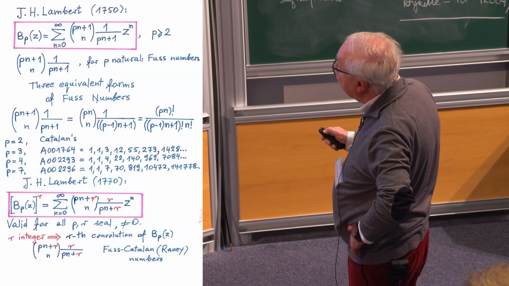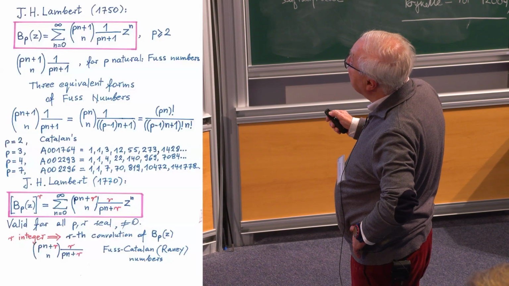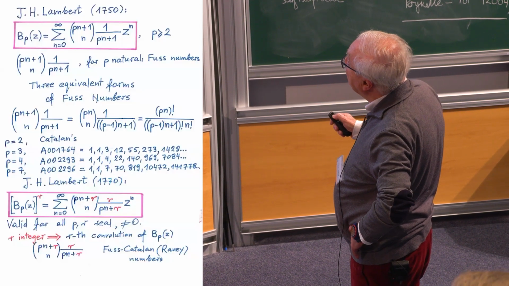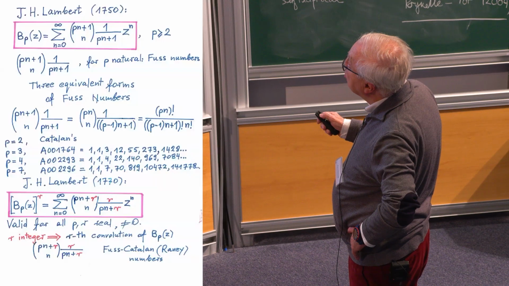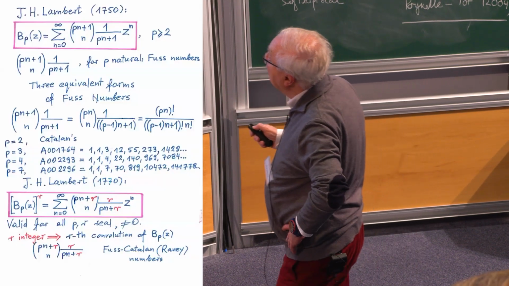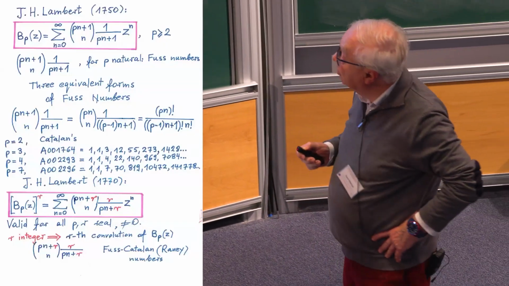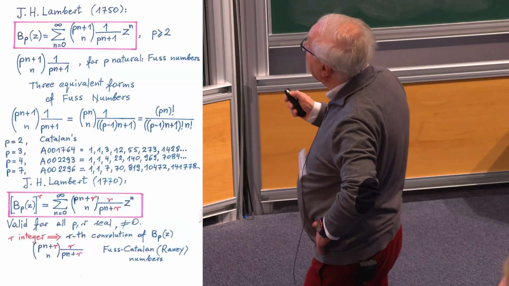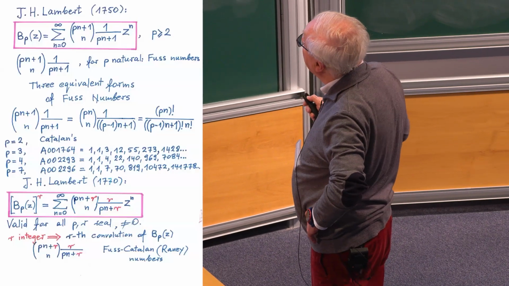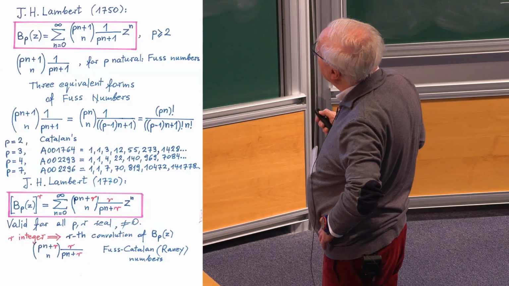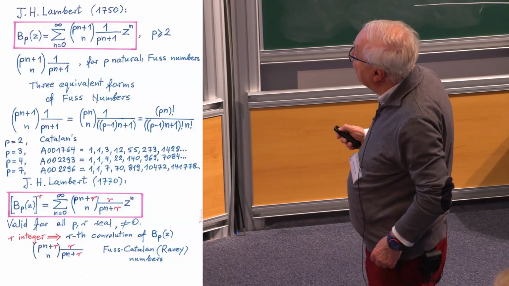And the first form enters this generating function, which was proposed by Johann Heinrich Lambert in 1750. And it is defined here. It's convergent for some environment of 0.